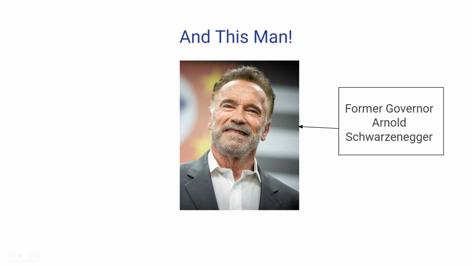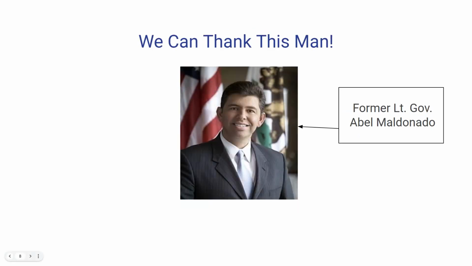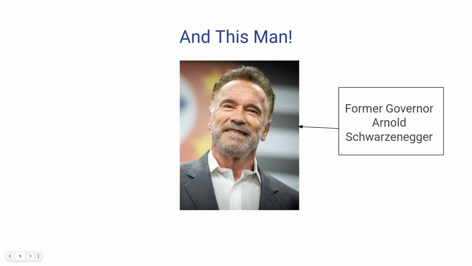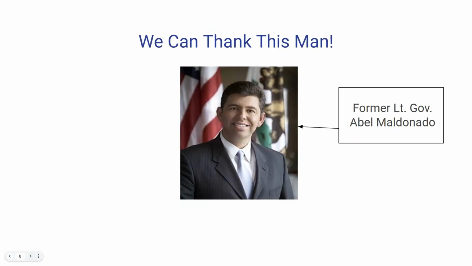Both men campaigned hard for Prop 14 back in 2010, in part because they believed it would reduce partisanship and incentivize lawmakers to work with anyone, regardless of party, to get things done.